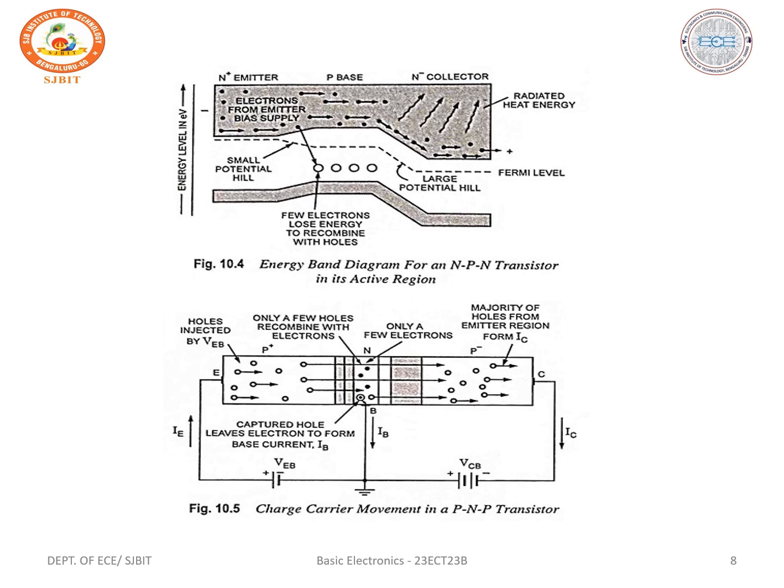BJT voltages and currents. The terminal voltage polarities for an NPN transistor are shown in the figure. For an NPN transistor, the base is biased positive with respect to the emitter and the collector is biased to a higher positive voltage than the base. The base voltage VB is connected via resistor RB and the collector supply VCC is connected via RC.